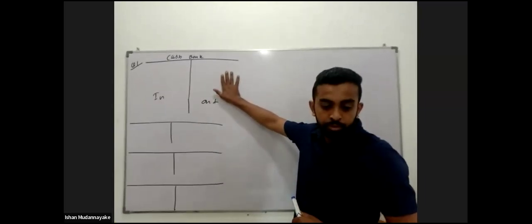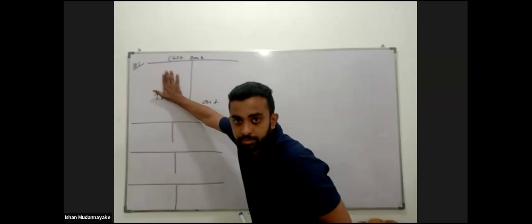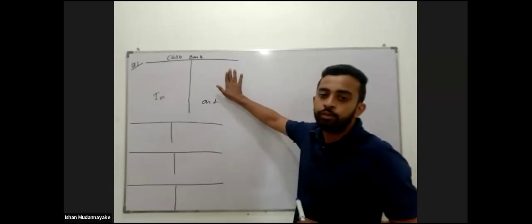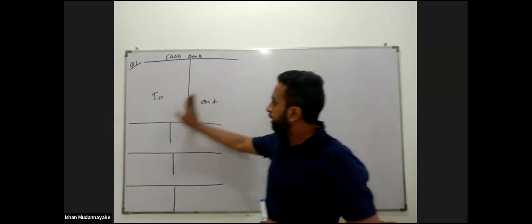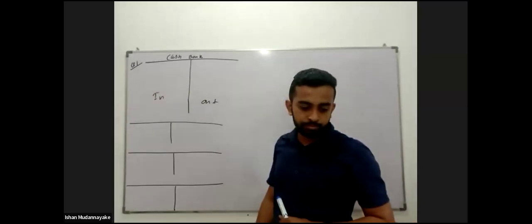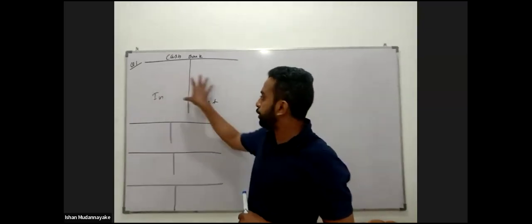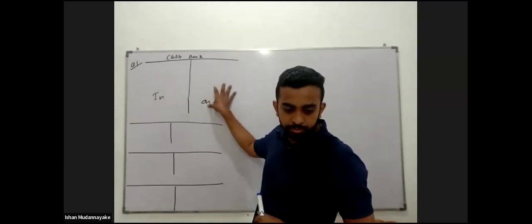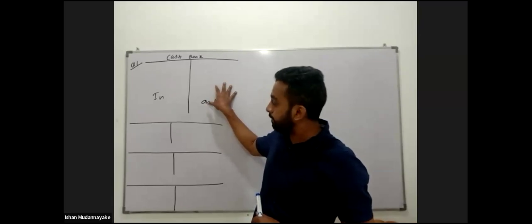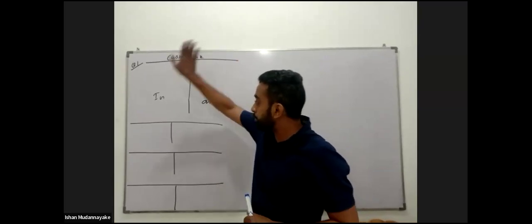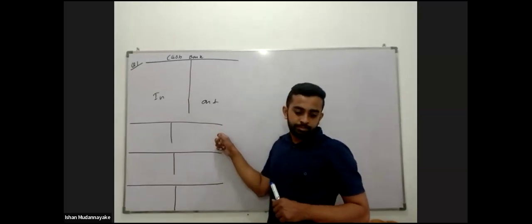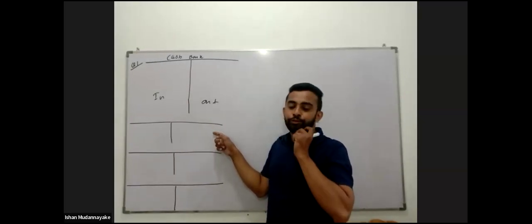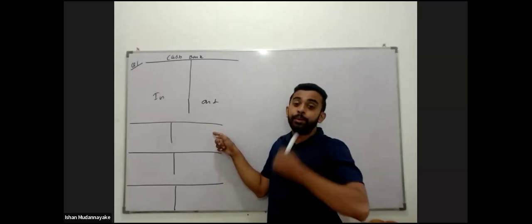Cash inflow, cash outflow. Cash inflow is debit. Cash outflow is credit. If you debited a transaction in the cash book, to the opposite account you need to credit. That is a double entry feature.